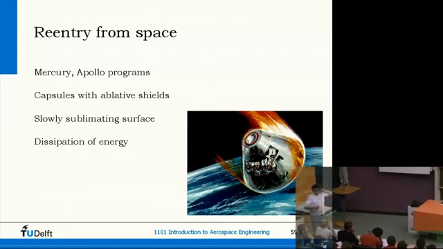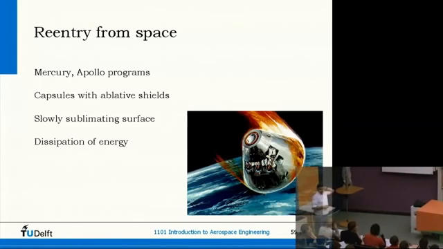Well, if you go into space, you enter into completely different materials. Well, completely different, but you have different requirements for materials. One of them is, for instance, these heat shields. These are completely different materials. In the early ages, they used so-called ablative shields, and that means that when it enters, all the heat dissipates.